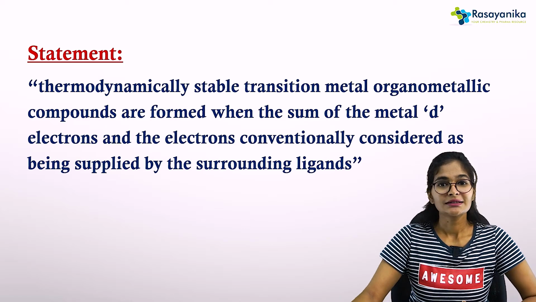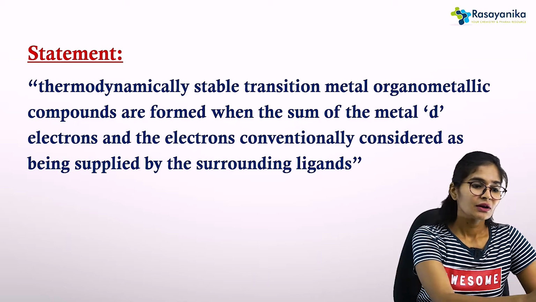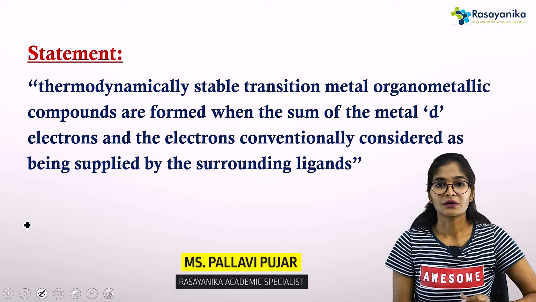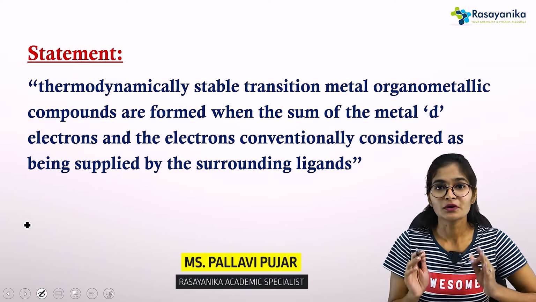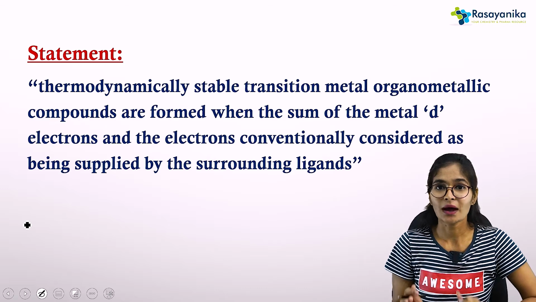Now you can see the statement that you can follow for the 18 electron rule. According to this statement, a thermodynamically stable transition metal in an organometallic compound is possible only when it has 18 electrons in its valence shell.